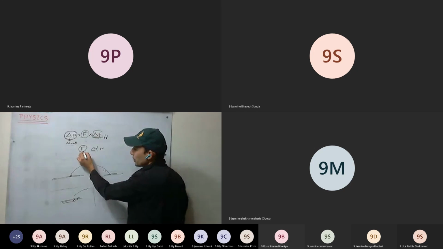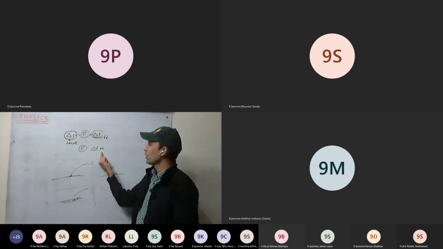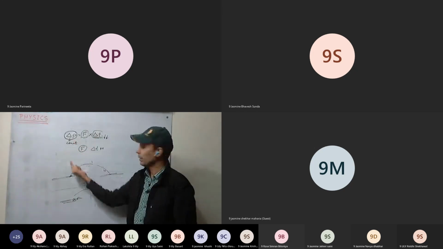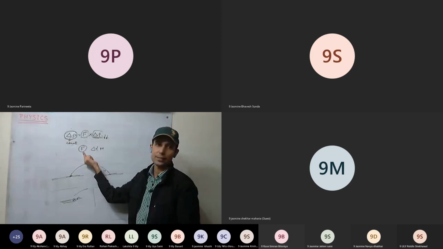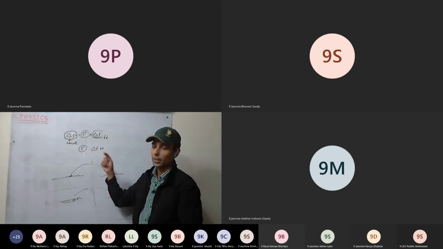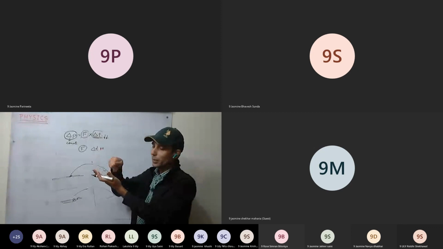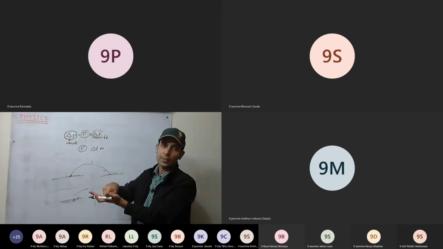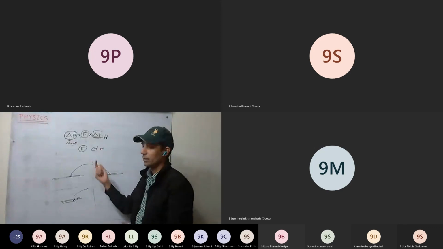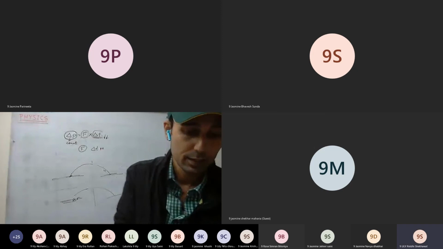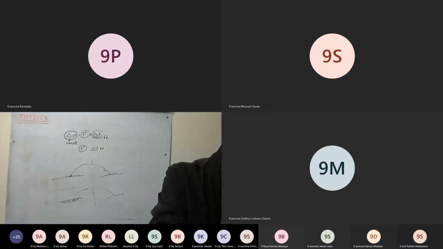That means the force impact will be less. The change of momentum is the same, but the force impact will be less this time as we have increased the time duration. Because as the person touches the sand, the change in velocity starts to take place and slowly he comes to rest. Okay, this is clear?